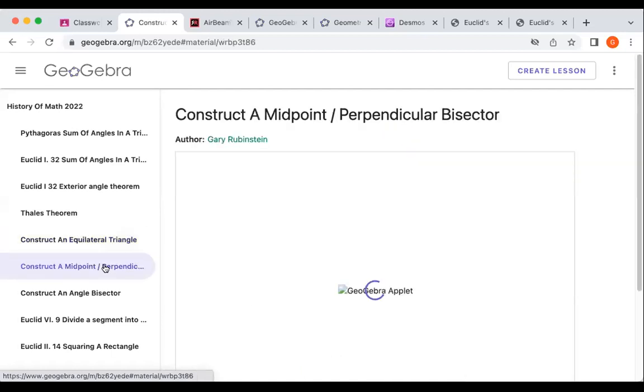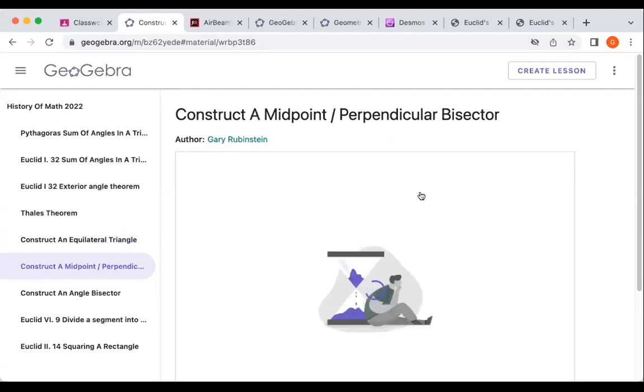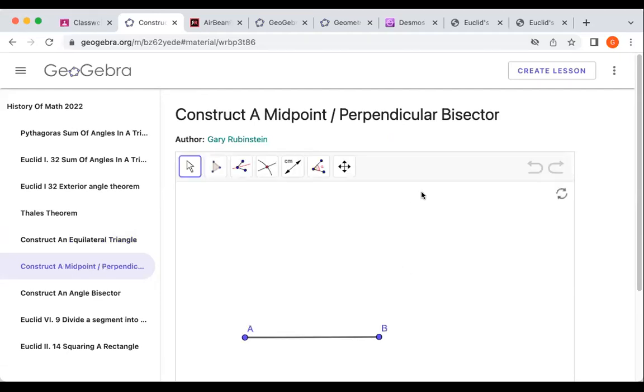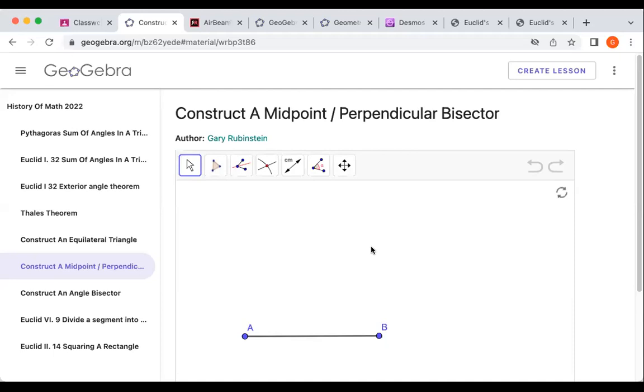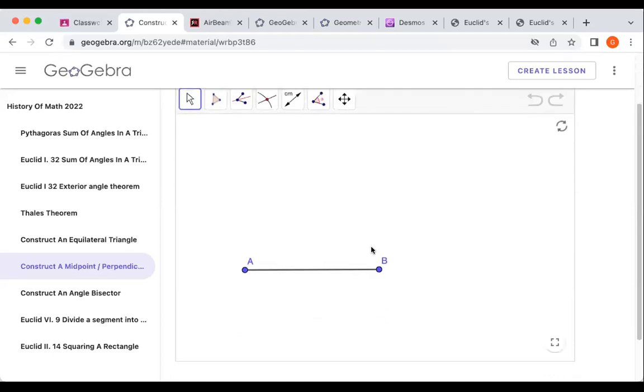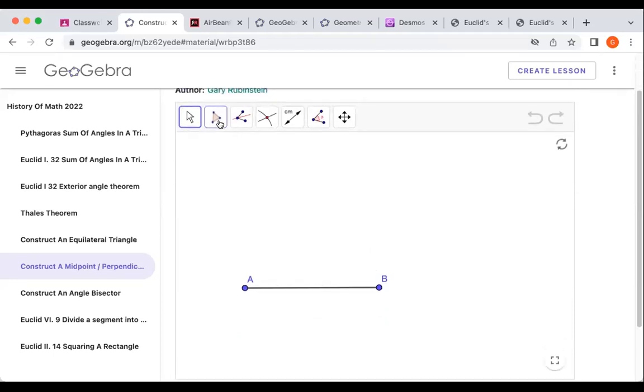Okay, the next construction, hold on, let me look at what number it was. It's book 1, proposition 10, which is how to use a compass and a straight edge to construct the midpoint and the perpendicular bisector of a line segment. Now I have a new tool here, and I'm sorry, see this triangle here?